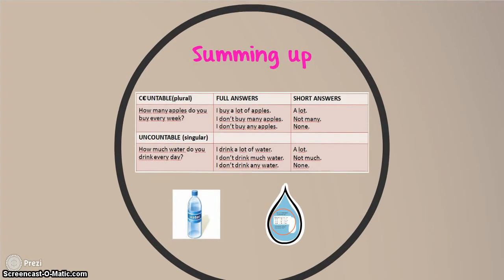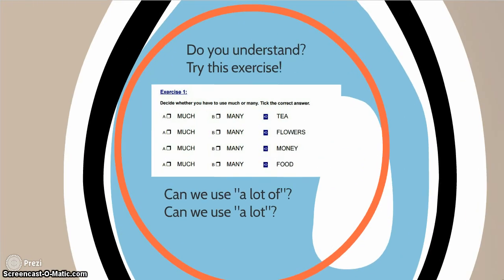Okay, so summing up. Here's a table with the questions and the answers, the full answers and the short answers. Okay, do you understand? Try this exercise. You have to decide if you have to use much or many.